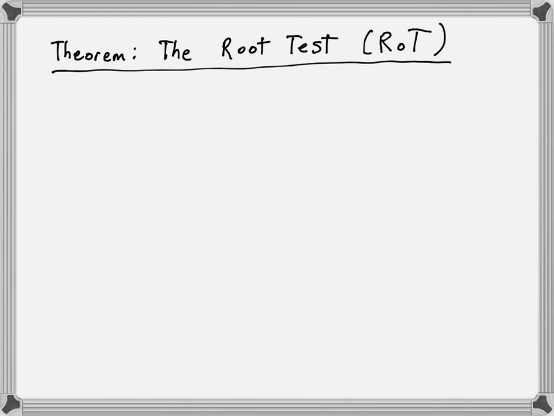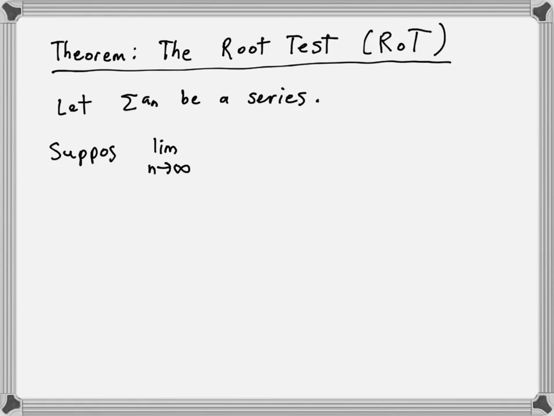So I want you to suppose that a_n is a series. And I want this time for us to take the limit as n goes to infinity of, instead of dividing the n plus first term by the nth term, the nth root of the absolute value of a_n.